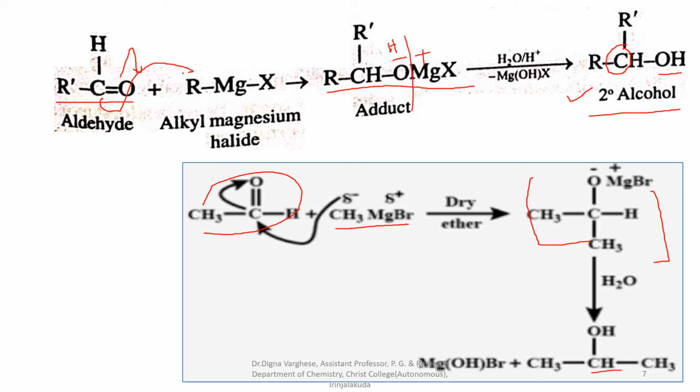So with formaldehyde, alkyl magnesium halide reacts to form a primary alcohol. Other than formaldehyde, any aldehyde can react with alkyl magnesium halide in dry ether and further undergo acid hydrolysis to give secondary alcohols.